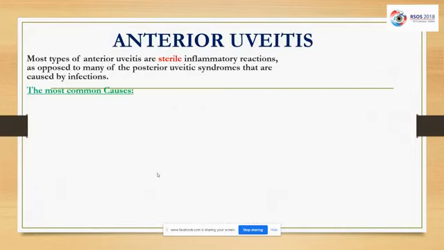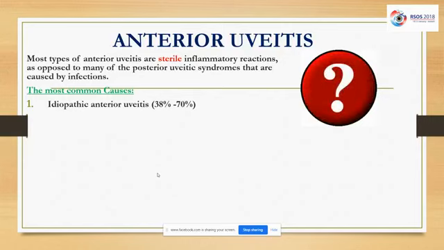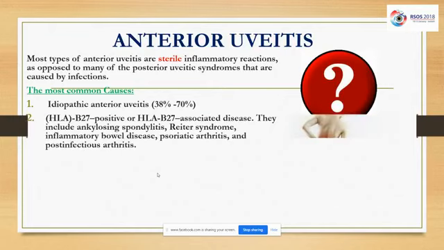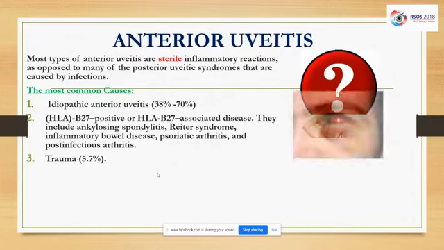So the main causes of anterior uveitis: most types of anterior uveitis are sterile inflammatory reactions, as opposed to many of the posterior uveitic syndromes that are caused by infections. But the most common cause in anterior uveitis is idiopathic, about 38 to 70% of patients. HLA-B27 positive or HLA-B27 associated disease, including ankylosing spondylitis, Reiter syndrome, inflammatory bowel disease, psoriatic arthritis, and post-infectious arthritis.